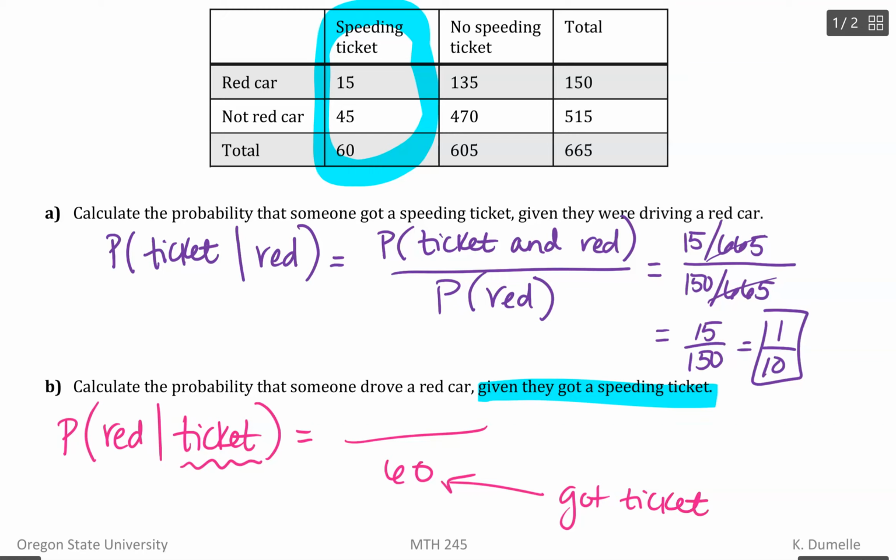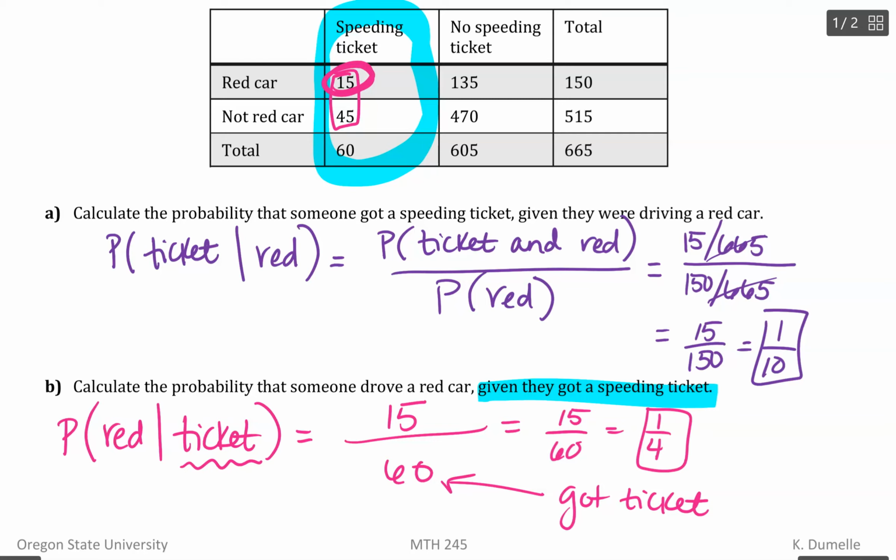Now of those 60 people, we want to know the probability of a red car. That's the 15. So instead of using the formula, I used the table and calculated it that way: 15 over 60, which simplifies to 1/4.